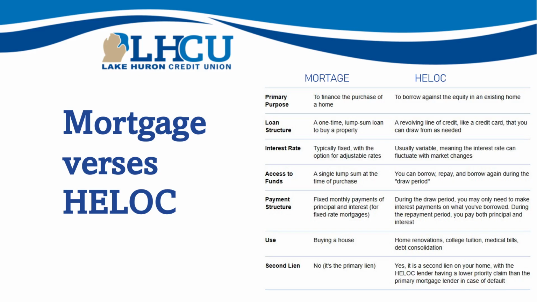The difference between the loan structure for a mortgage and a HELOC is that for a mortgage, it is a one-time lump sum to buy that property and/or a one-time lump sum for that refinance of the property. Whereas the loan structure with a HELOC is a revolving line of credit, like a credit card, that you can draw as you need.